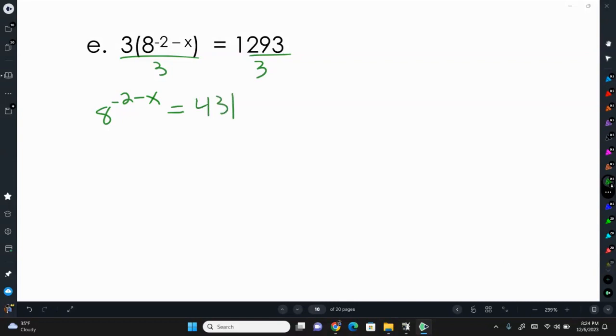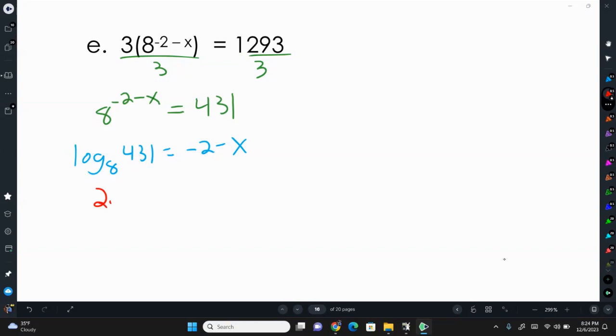Okay, now we can rewrite this in log form. So log base 8 of 431 equals our exponent, negative 2 minus x. So in my calculator, I'm going to type in log base 8 of 431, and that gives me 2.917.